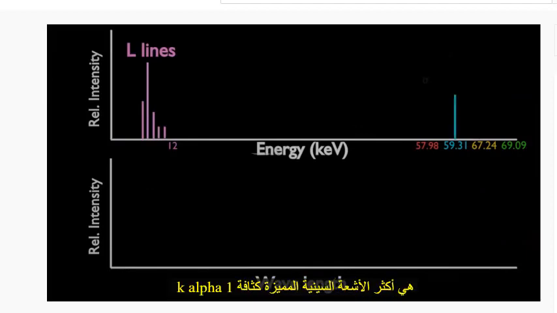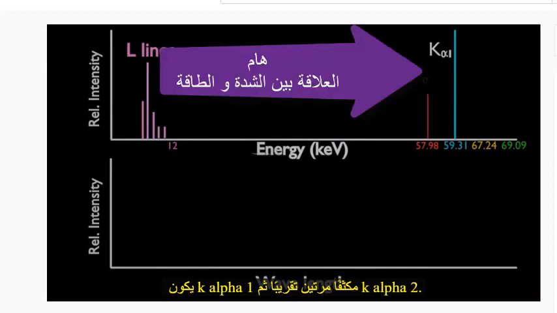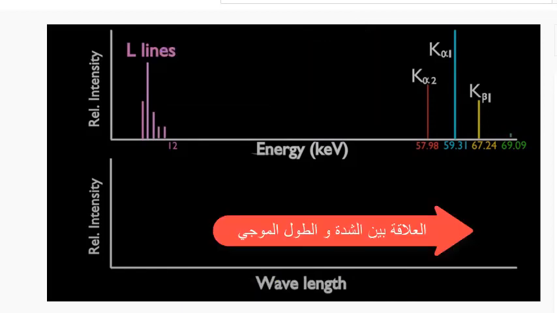K alpha 1 is the most intense characteristic X-ray. K alpha 1 is almost twice as intense as K alpha 2. The relative intensity of the K X-rays is greater than that of L, M, and other characteristic X-rays.